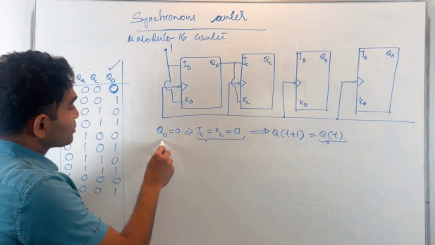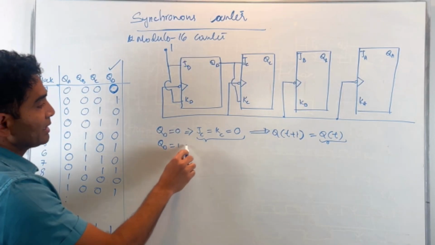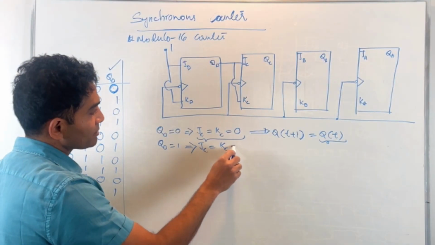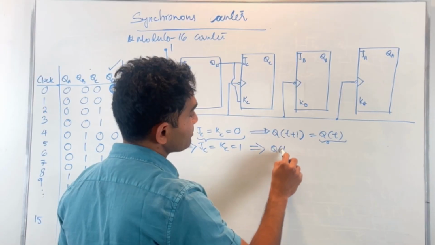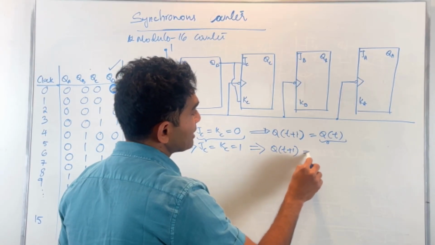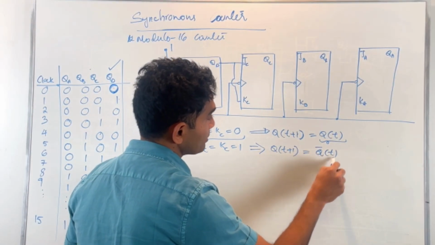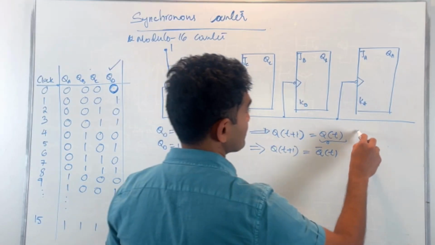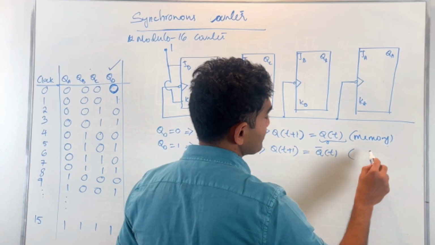When QD becomes 1, as you can see here, implies I'm applying JC and KC to be a 1, right? That implies my Qt+1, that means once the flip-flop is triggered, I am toggling the previous output, right? When the flip-flop is triggered. So that's the toggle state.